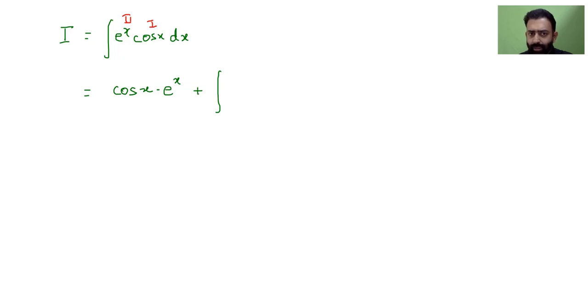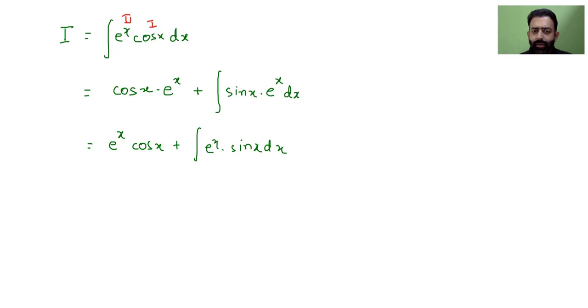So it is plus sine x, and again integral of e raised to power x will be e raised to power x, and this is dx. Okay, now I am just simplifying this: e raised to power x cos x plus integral of e raised to power x into sine x.